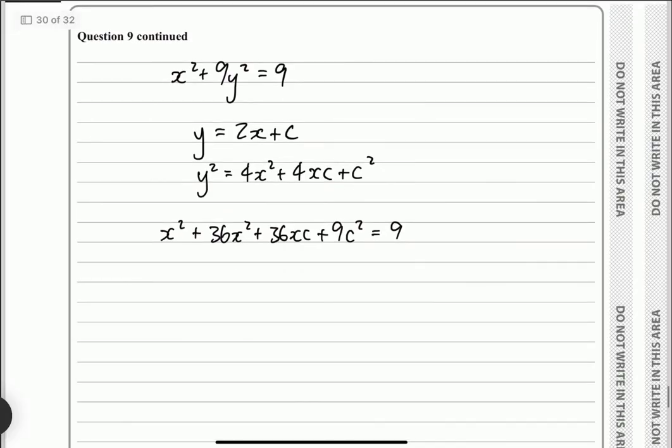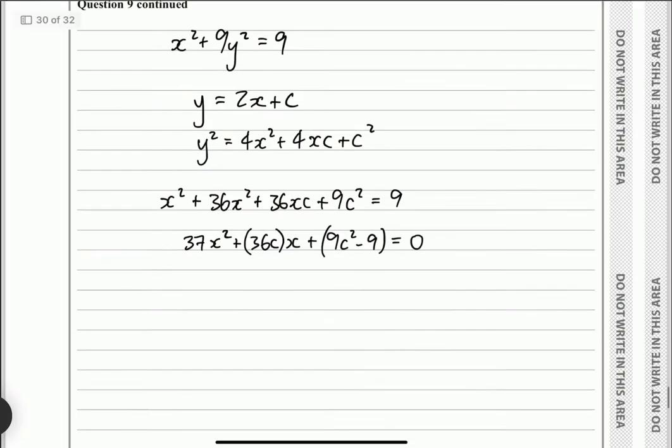Now we're solving this to find the coordinate of x, the coordinate of intersection. So we've got 37x squared plus 36cx plus 9c squared minus 9 is equal to 0.